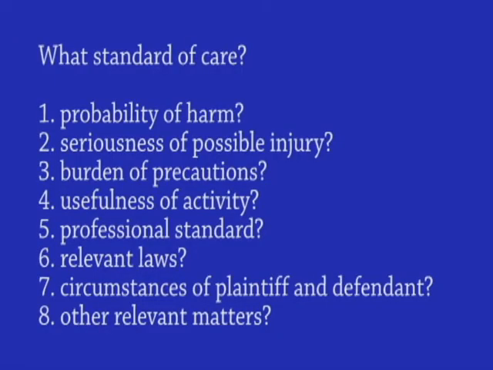These factors include the probability that harm would occur, the seriousness of possible injury, the burden of taking precautions, the usefulness of the activity to society, whether the standard of care of the profession has been followed, whether the standard of care meets the requirements of relevant laws, any special circumstances of the plaintiff or defendant, and any other relevant factors. Each of these factors can raise or lower the standard of care needed in a particular situation. Now let's examine each of these factors.